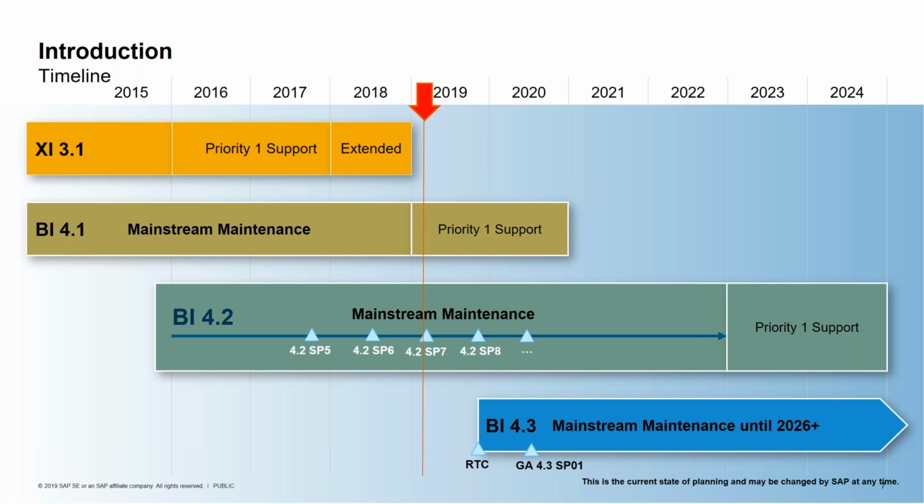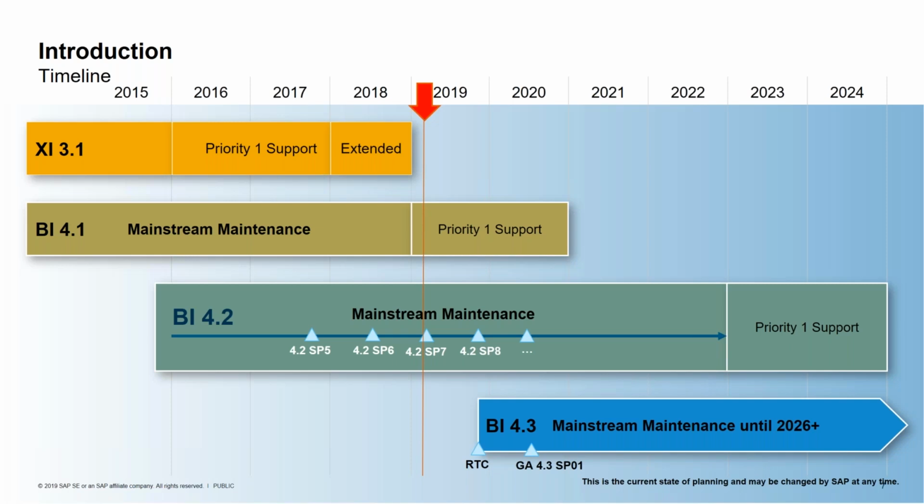Service Pack 8 will be delivered almost at the same time as the next BI 4.3, which is our next major minor release that we have already started to develop and implement.